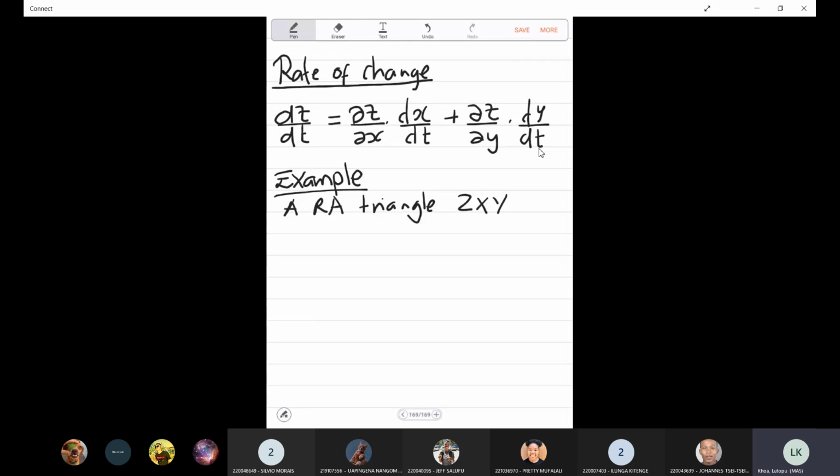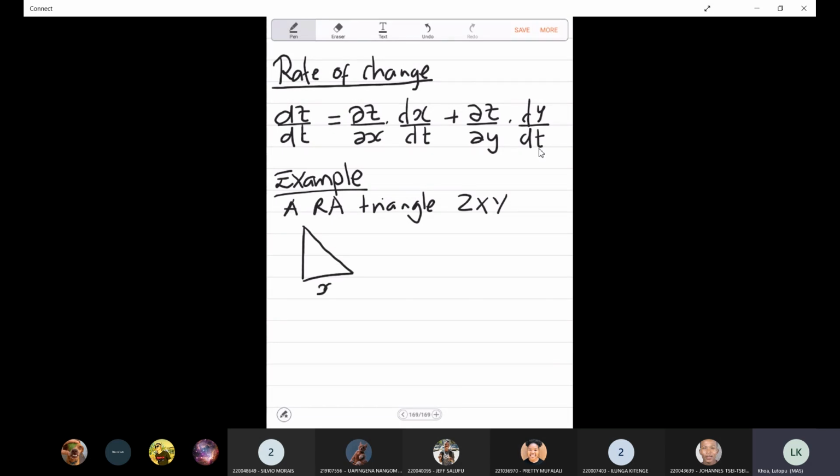And we are told that the two short sides, x and y, increase at 2 centimeters per second and decrease at 3 centimeters per second respectively. So we have a right-angled triangle like this. So we have shorter sides.